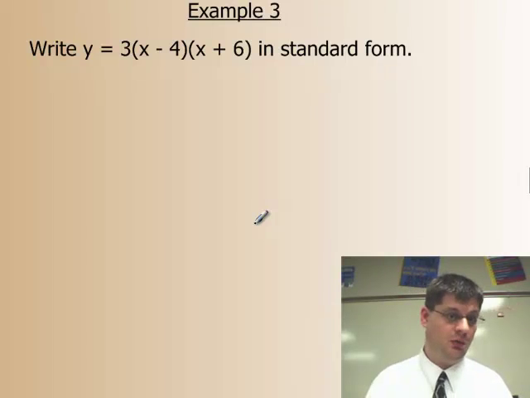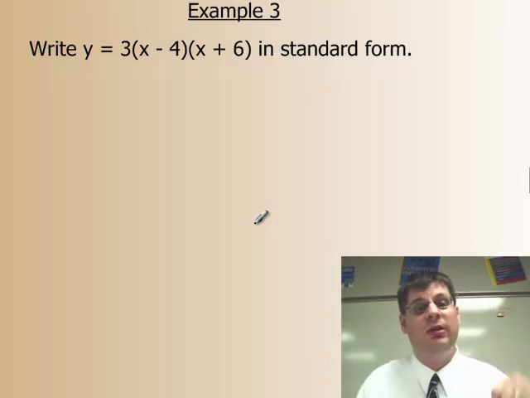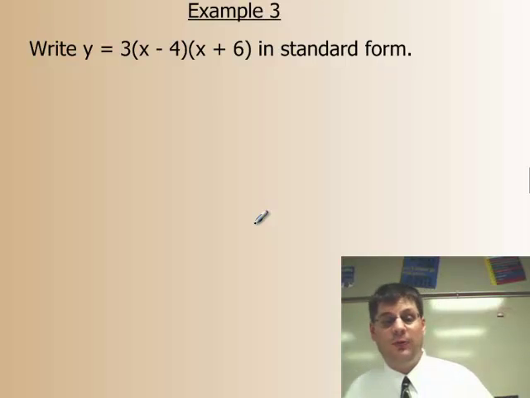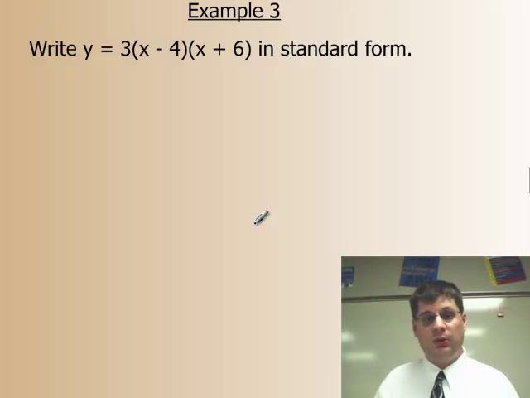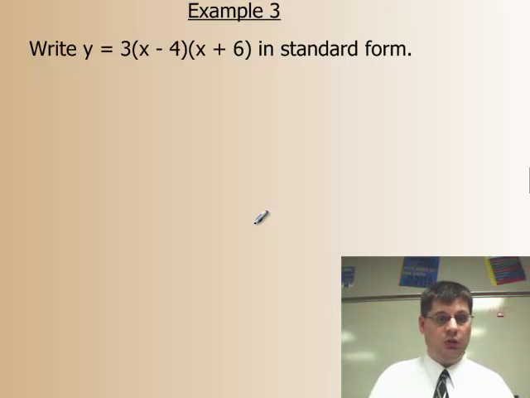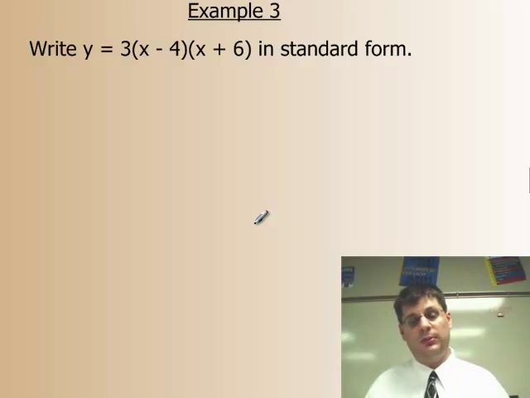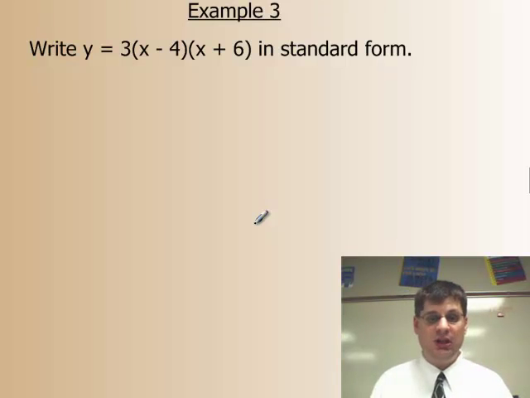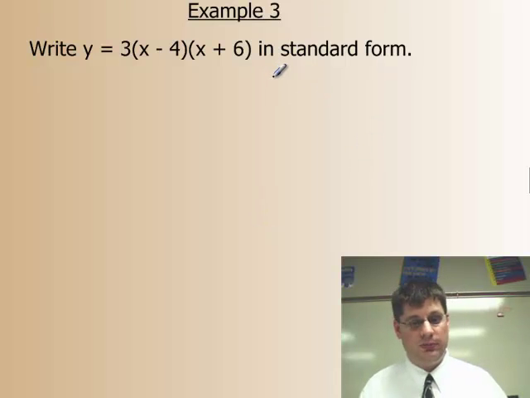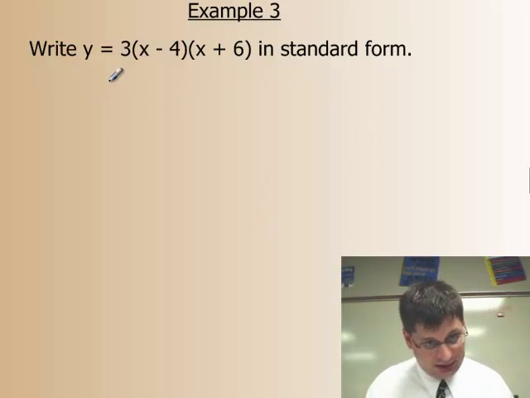Hopefully you're thinking or saying or screaming out loud, intercept form. And one of the things we want to be able to do is convert between the different forms. So converting between this form, intercept form, into standard form is pretty easy. We're calling that standard form is y equals ax squared plus bx plus c.